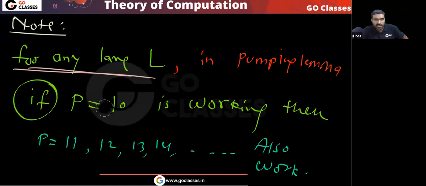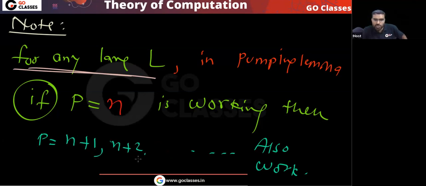So I can say that if p equal to n is working, then every number greater than or equal to n will work. Then n plus 1, n plus 2, n plus 3, and so on, they will also work. Is this understood? This is a very simple point.